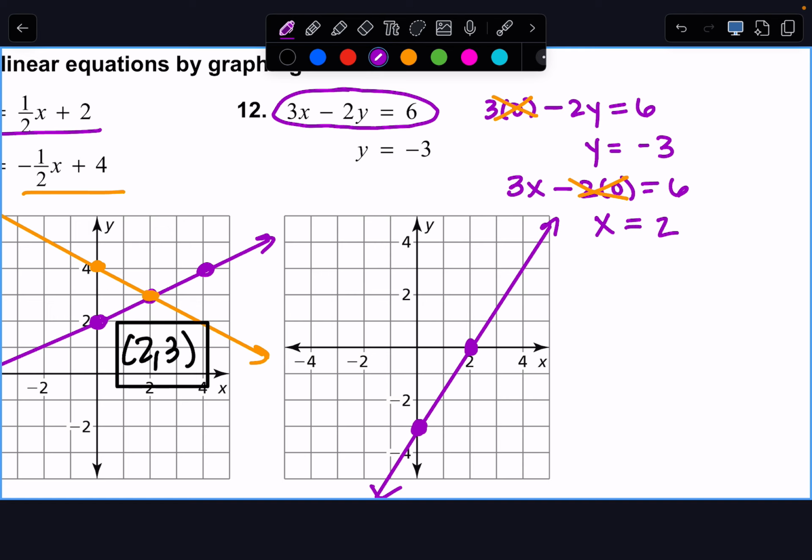Yep, everything builds on each other. Now, how do we graph this line? Miles? Here's -3.